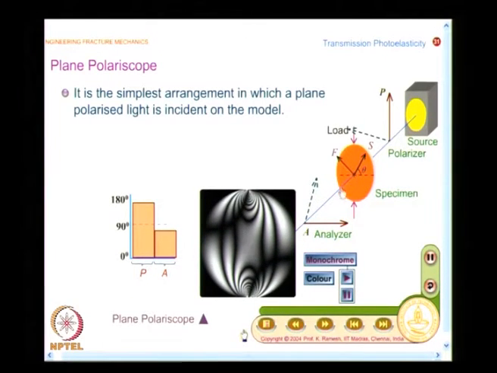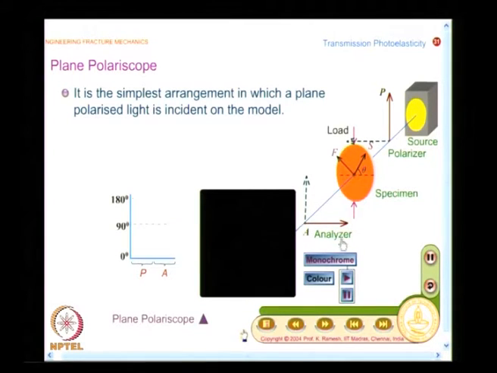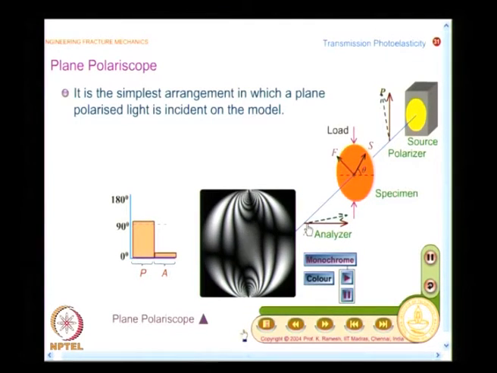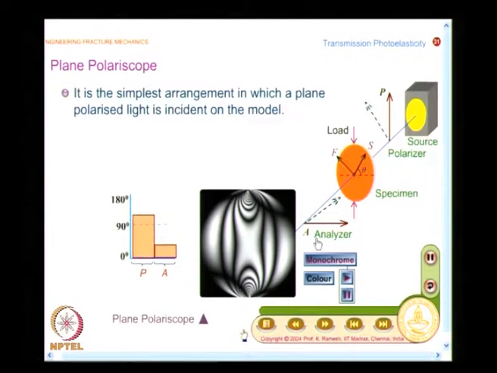Then whatever light comes out, you analyze it using the analyzer, and we found out the light transmitted by the analyzer, which was a function of delta as well as theta. In this case you had only simple optical elements, a polarizer, model and an analyzer, so trigonometric resolution was sufficient and convenient for you to do it.